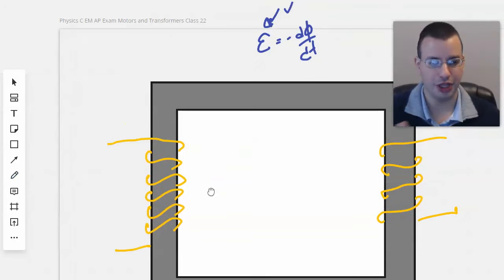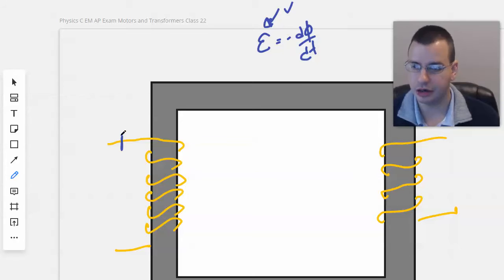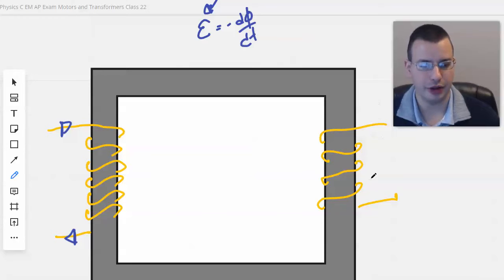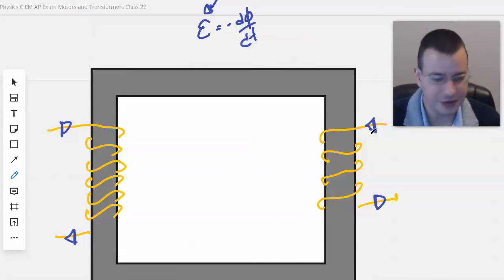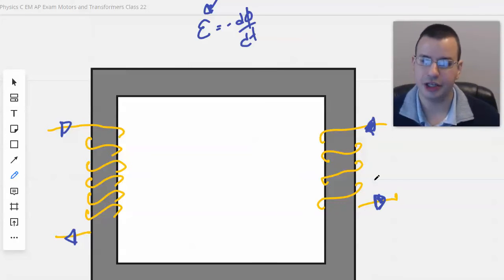We could call the one on the left the primary coil, the one on the right the secondary coil, meaning that current comes in this way and out this way. It's kind of disingenuous to say it that way because current goes in and out both sides.